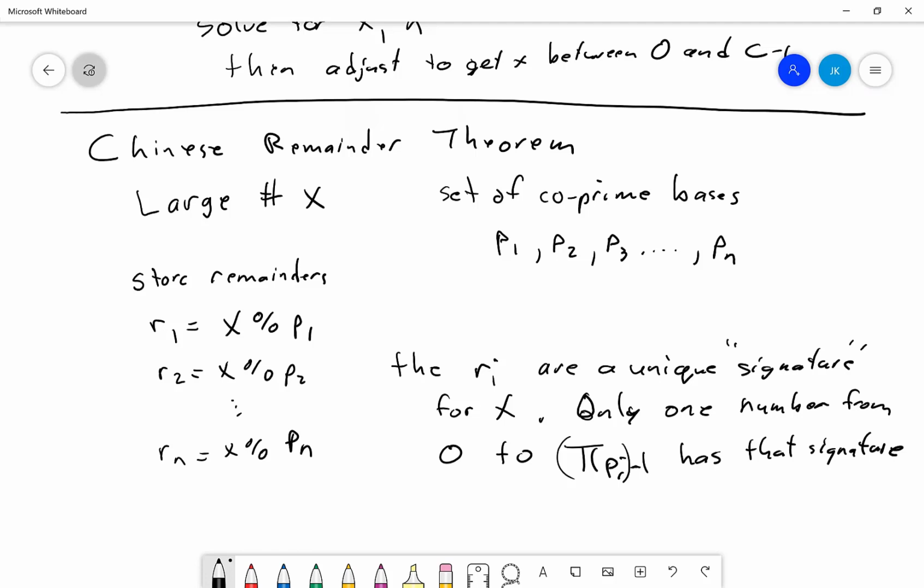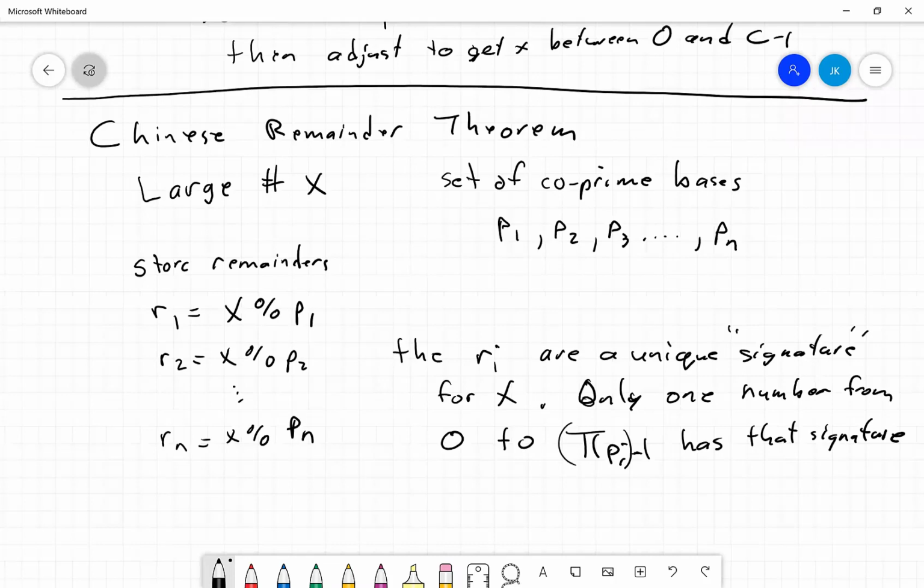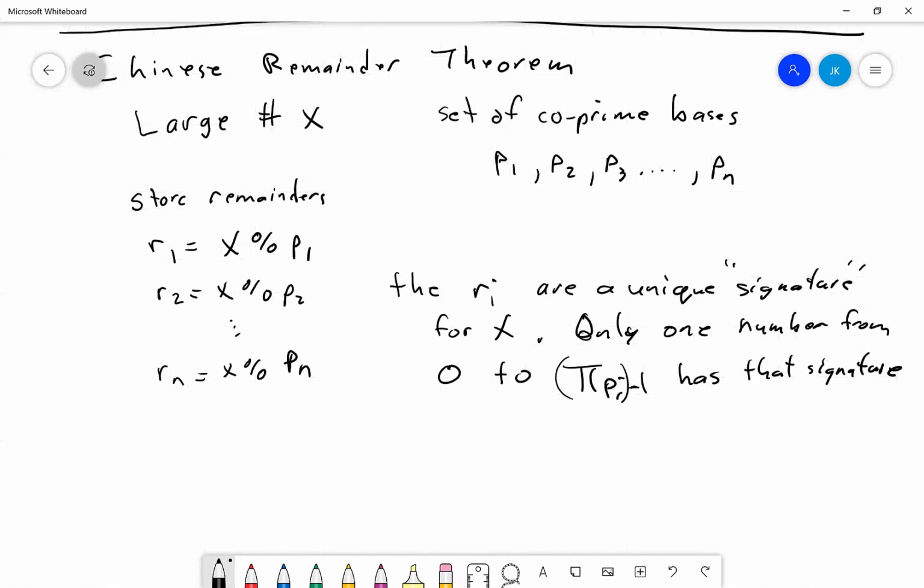And so if you know that set of remainders, you can actually do work with the remainders, and you can compute with the number. For instance, you can check versus 0. If all of these are 0, you know the number itself has to be 0, assuming the number is less than the product of all your prime bases, which normally you have some restriction like that.